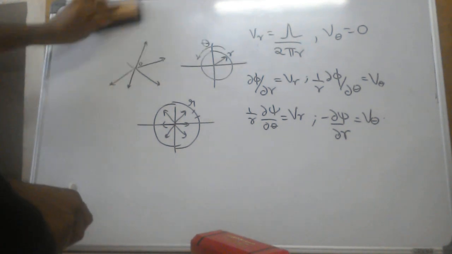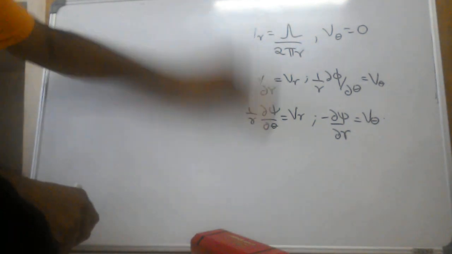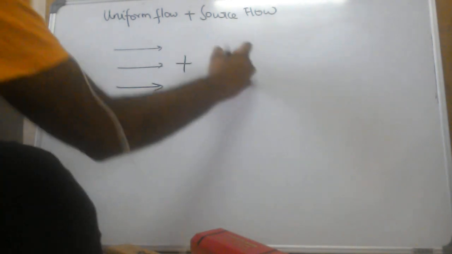Let me just erase what I have on the board. What I'm going to combine is the uniform flow and a source flow. The uniform flow streamlines look like this, and I combine this with that of a source flow.